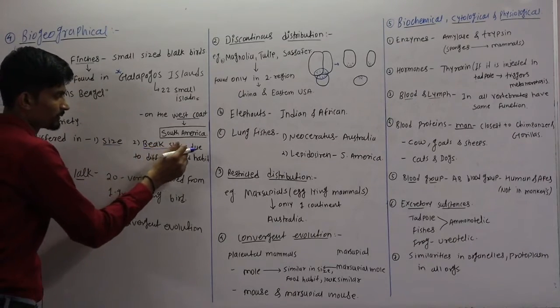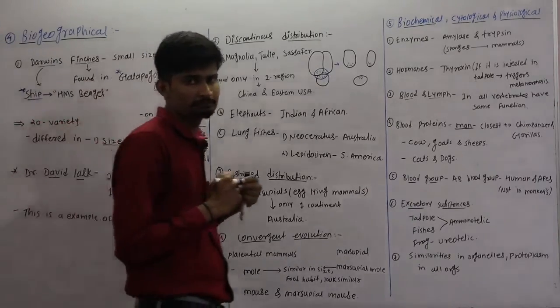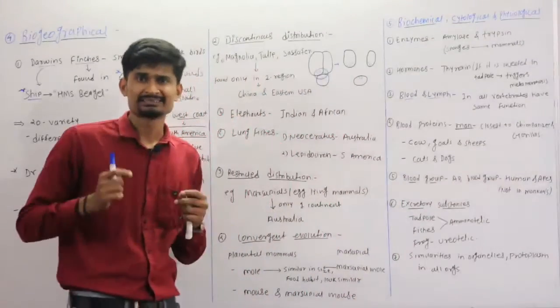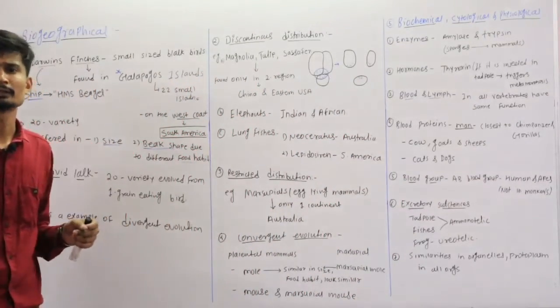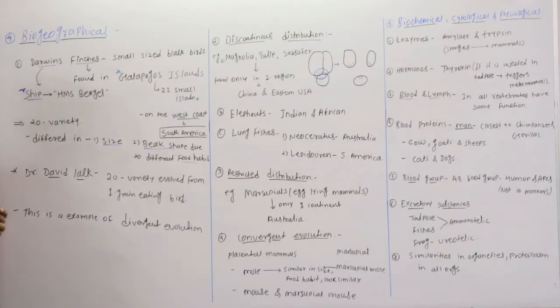The beak shape is different due to the different food habits, because these 20 varieties show different food habits, and due to that the shape of the beak is different in the 20 different finches.